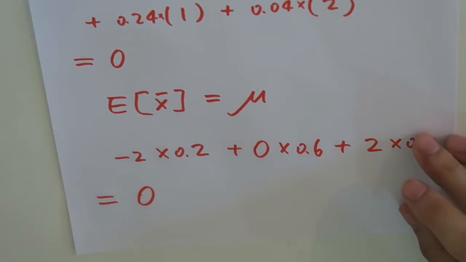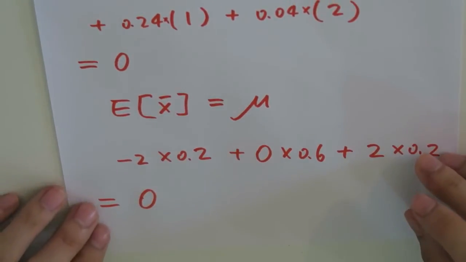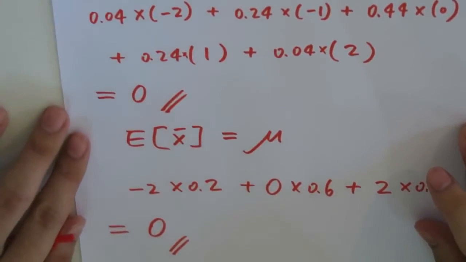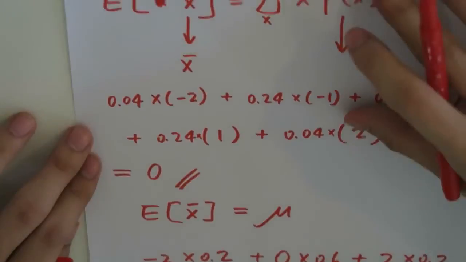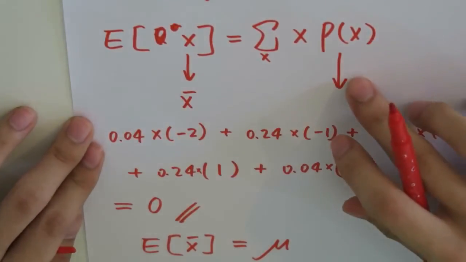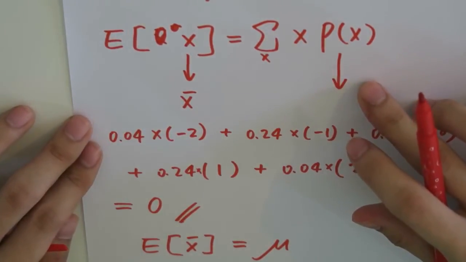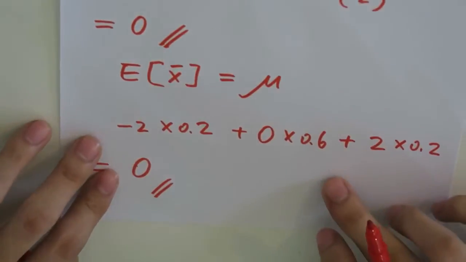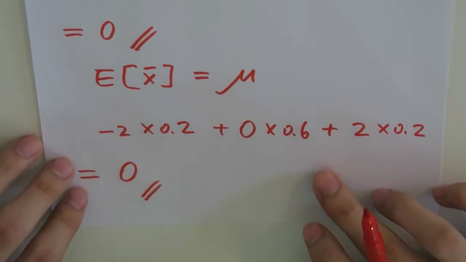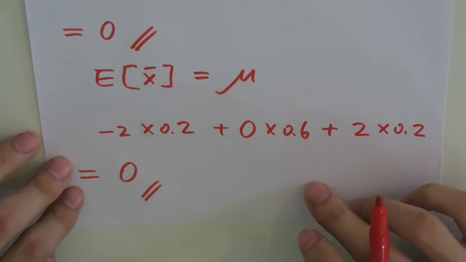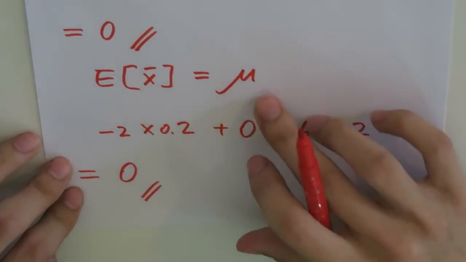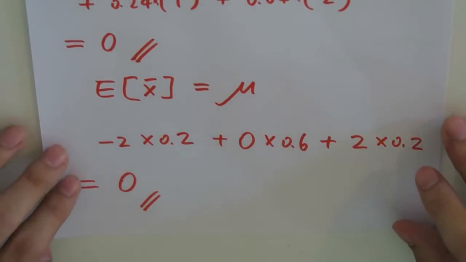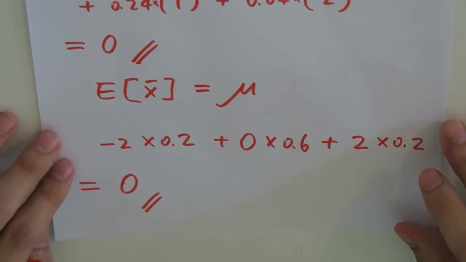You can compare these two approaches. Both of them will give you 0. So this is the first approach, we proceed from the table we obtained from part A, and this is a second approach, we make use of the relationship between sample mean and the population mean. So this is a solution to part B, and the answer is 0.